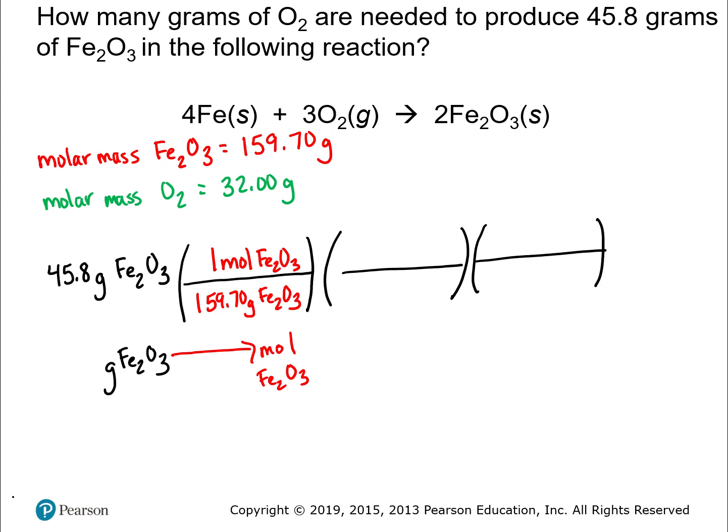Then I have to write a mole-mole factor. And that's going to get me to the moles of oxygen.